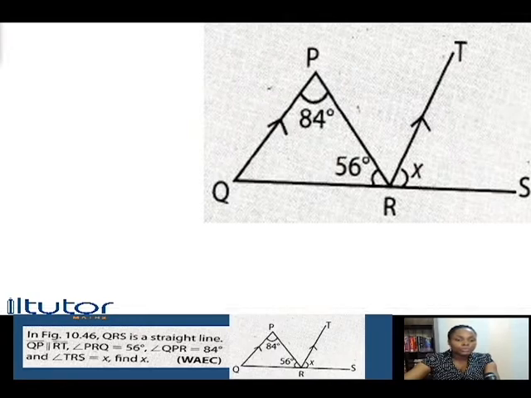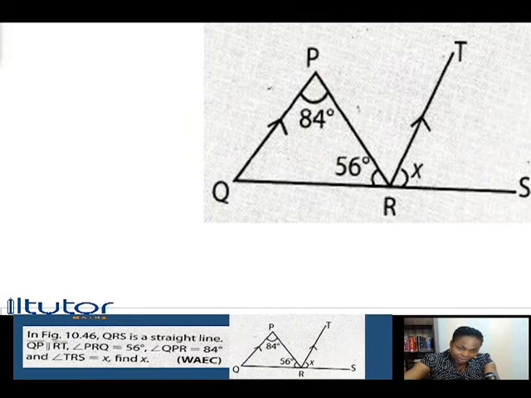Now we have that angle QPR, which is just this angle, 84 degrees, is there because QP is parallel to line RT, and you have this transversal line cutting across both of them.